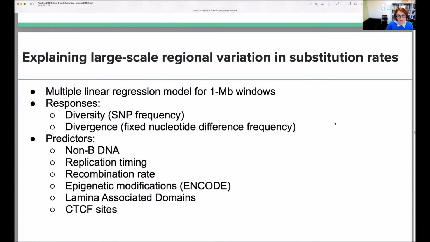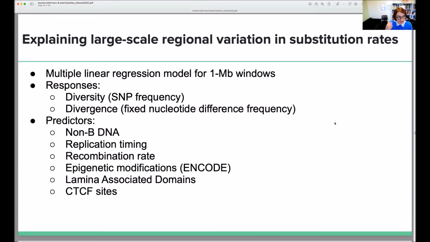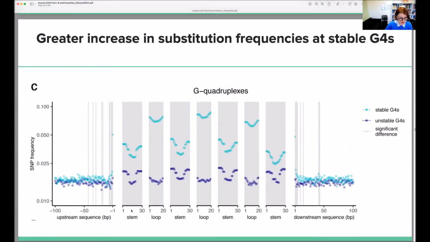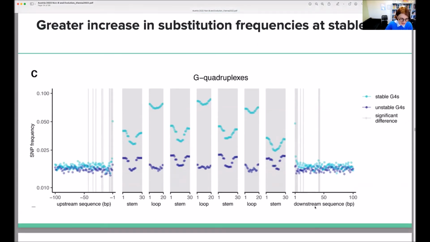And the last thing that we did in this project is we looked at the large-scale regional variation in substitution rates. So the previous slides just looked at the small scale, right? So this is like 1 to 30 nucleotides for stems and 1 to 20 nucleotides for loops. And also we looked at plus or minus 100 base pairs.